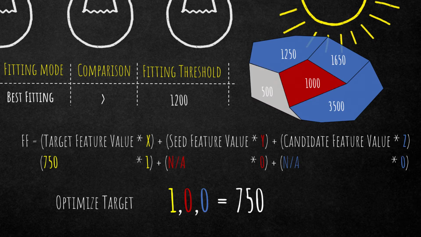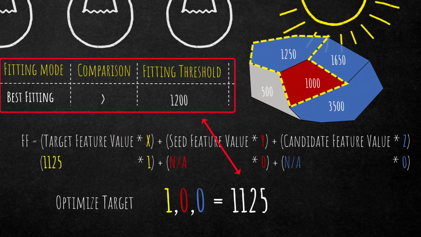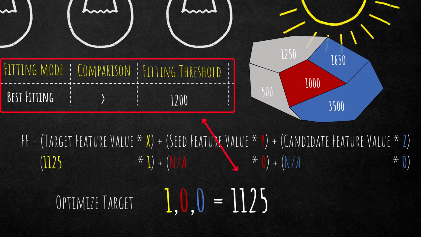Now we're gonna have a look at the next object. That's the next one. You see the candidate value is higher, and if we fill this value into our formula, the result is 1125, and that also doesn't fulfill the criteria that we've defined for the fitting function. So we gray it out, have a look at the next one.